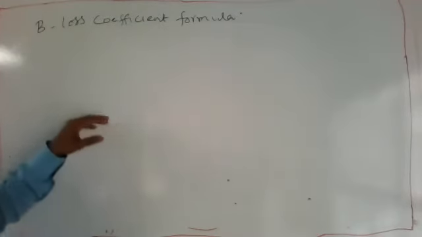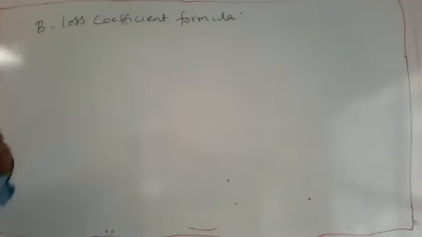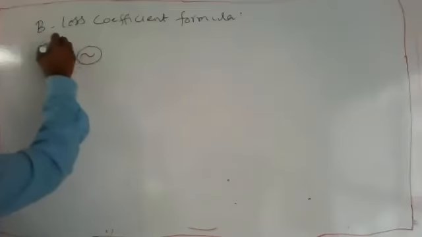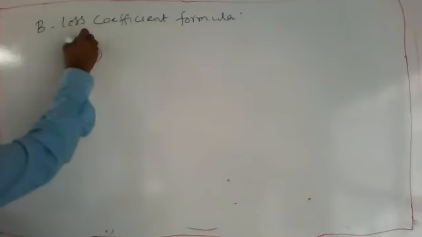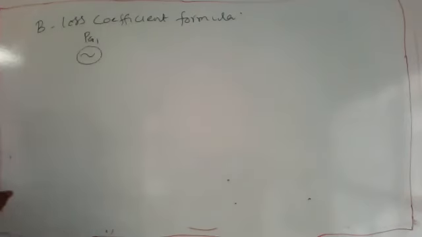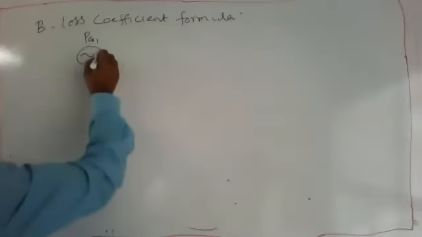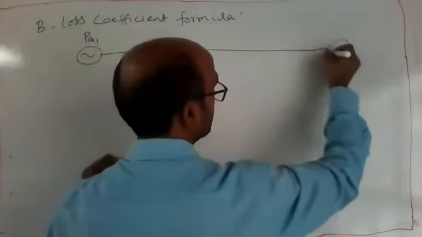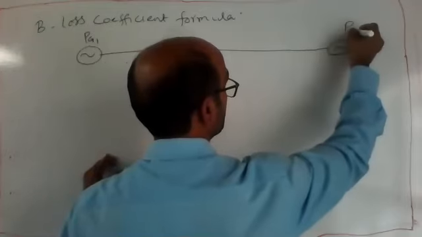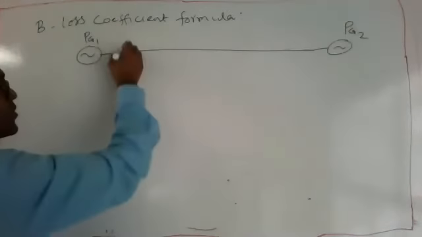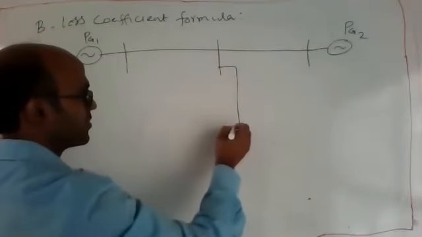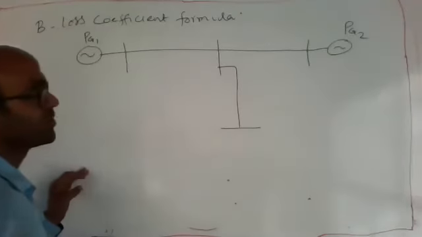So for PL we are finding an expression. Okay. So let us consider two generating units. This is PG1, which can be generalized for n number of units. And there is another generating unit, PG2. Let both be feeding power to some load. Okay, this is the load.